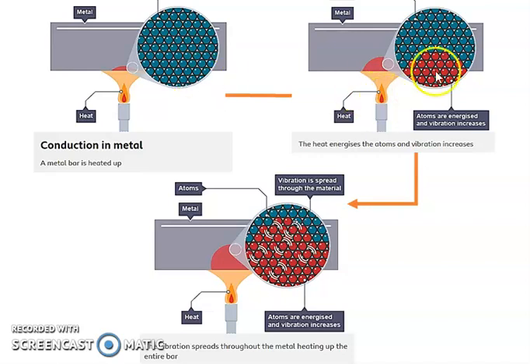As you can see here, the kinetic energy can be transferred from one particle to another particle, which also causes the heat to be transferred from one particle to another. This will continue until all the particles receive the same amount of heat. This moves through the whole structure of the metal.